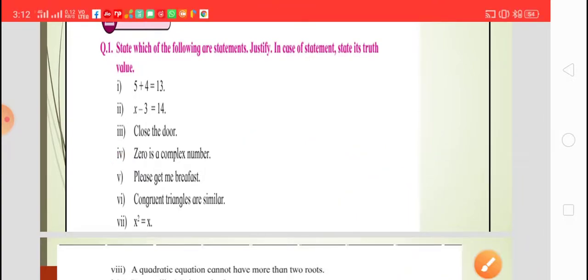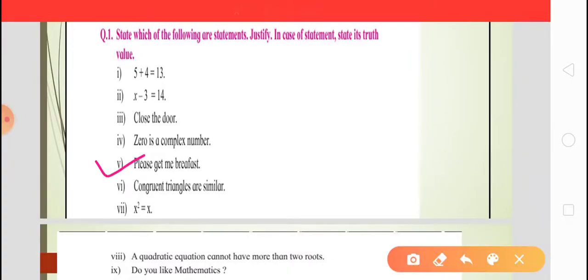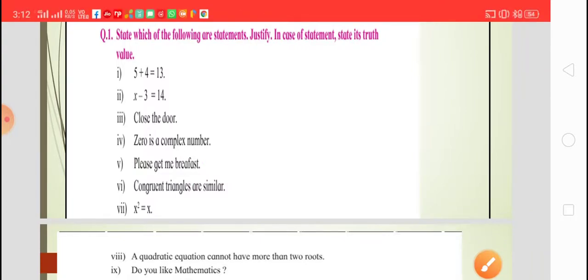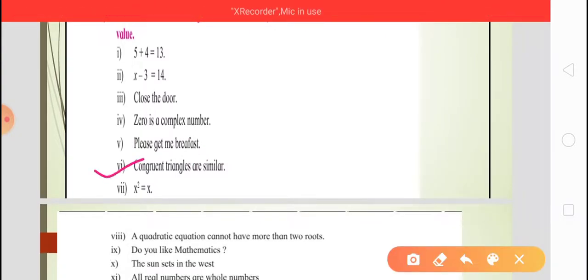Now take the next example: please get me breakfast. Here is a spelling mistake, it is breakfast. Please means it is a request, and we know all requests are never statements, so this sentence is not a statement. Okay, next example. Congruent triangles are similar.